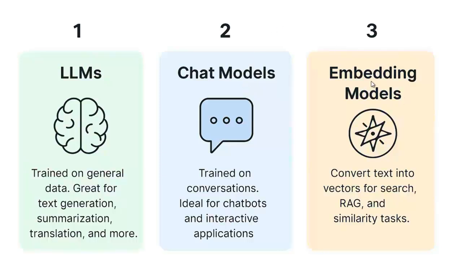We will also discuss embedding models, which are used to convert text into vectors for tasks like search, retrieval, and similarity. But going forward, LangChain is shifting more towards chat models, and LLMs may eventually be deprecated. That's why in our upcoming discussions and hands-on sessions, we will mainly focus on chat models.